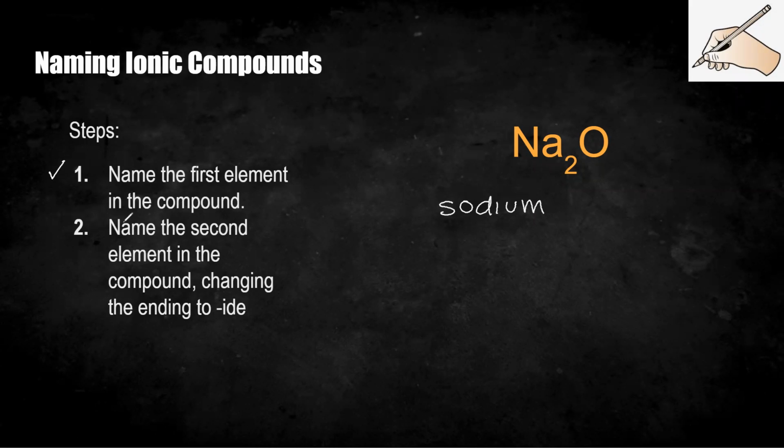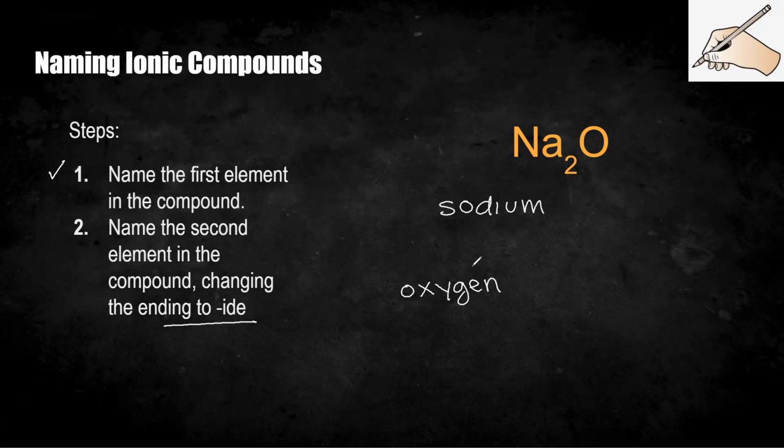The second step is to name the second element in the compound, changing the ending to "ide." Our second element, if you look on the periodic table, is oxygen. I'll write oxygen here. However, the second step says to change the last ending of oxygen to "ide."